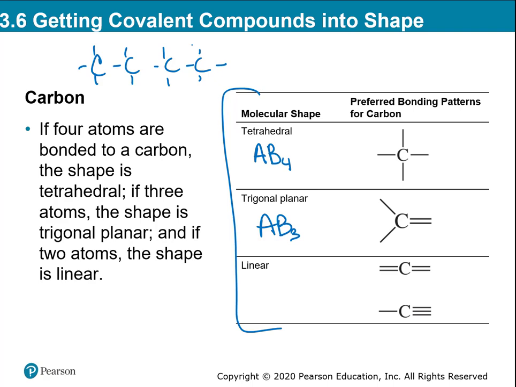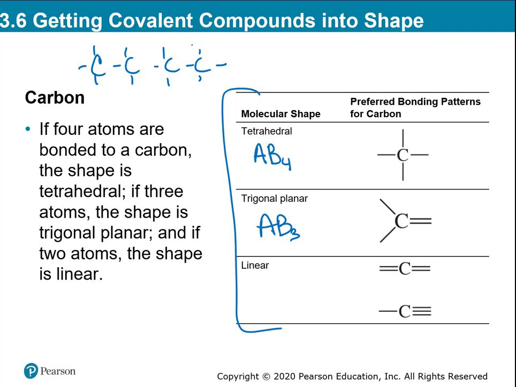Okay, so I could look at individual carbons versus the entire molecule, and then it changes the entire shape of the molecule. So it's not really a flat shape. It ends up looking like a little zigzag pattern. We'll talk about how you end up with those kinds of shapes. But this is just looking at a specific atom.